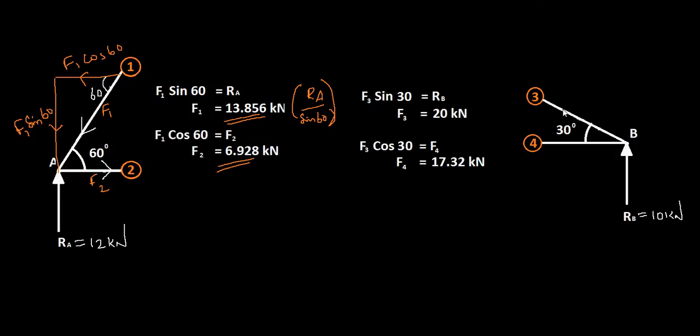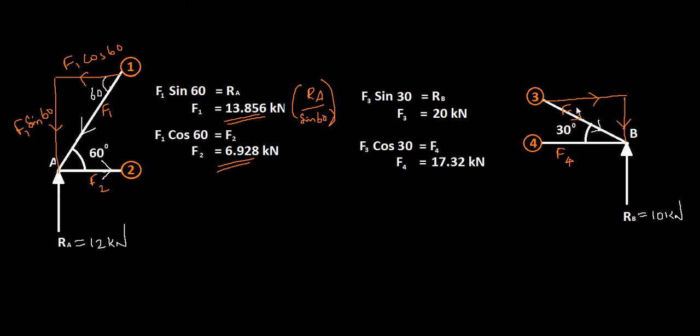You have force F3 and F4, and you have the components for the inclined force F3 like this, and for vertical equilibrium you should have this force in the downward direction, and therefore this will be towards positive x direction, and therefore the force F3 will be towards the joint and hence a compressive force.